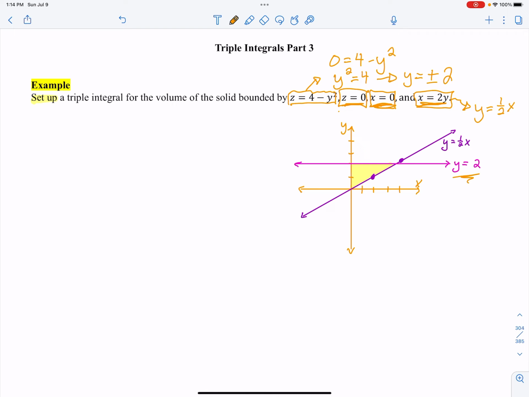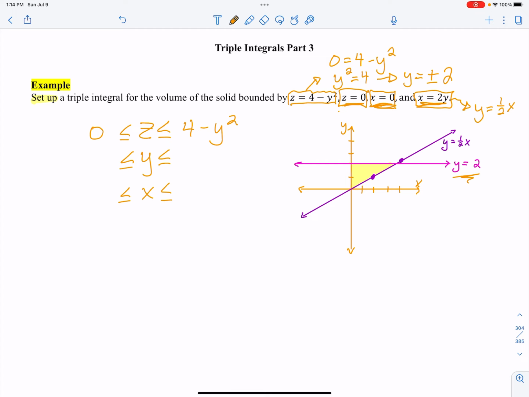When I'm doing this, I actually like to set up my bounds like this. This is going to help us because we're going to get to other coordinate systems as well. I can see that z is stuck between this surface and the xy plane, which is 0.